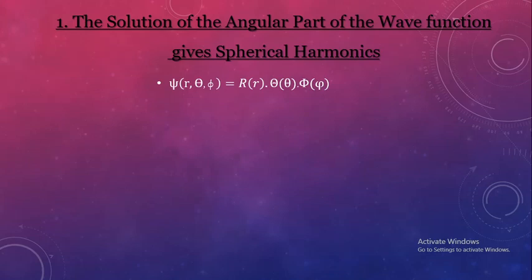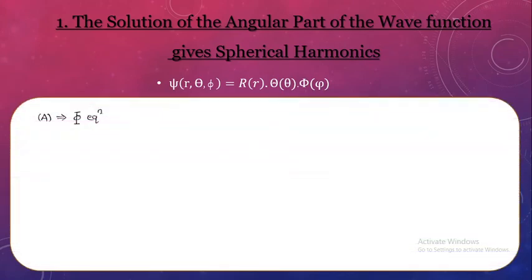So R of r represents the radial part, and theta and phi are both angles. So Theta of theta and Phi of phi combined are nothing but the angular part of the wave function. Using the previous knowledge, we have already derived separately the solutions for R of r, Theta of theta and Phi of phi.